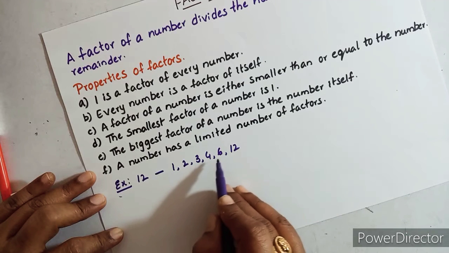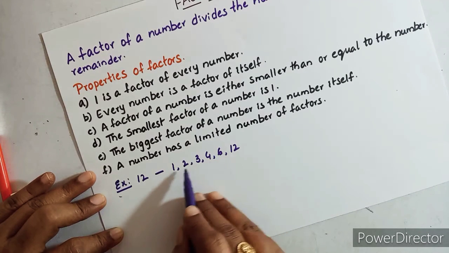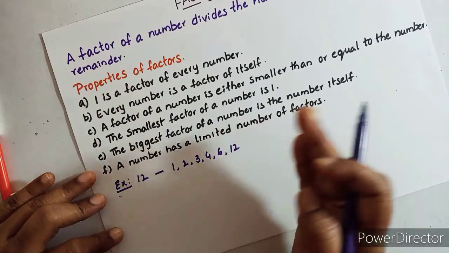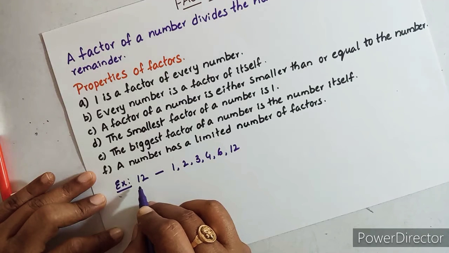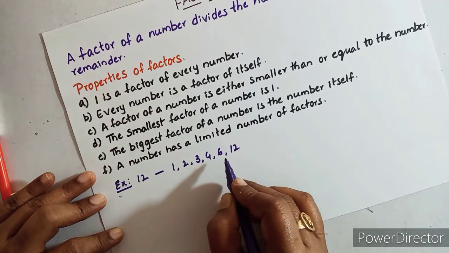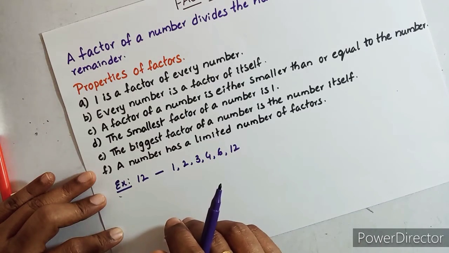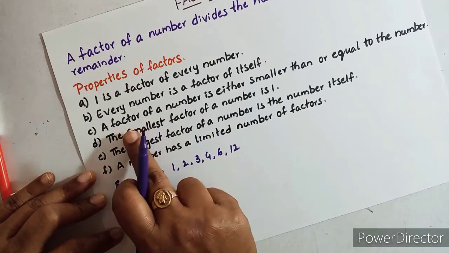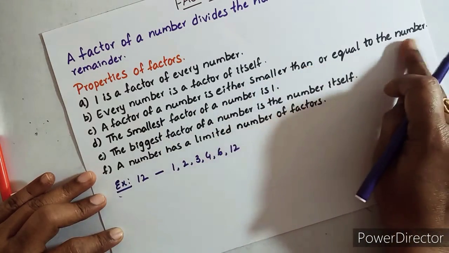So all the factors will be either equal to the given number or less than the given number, but not more than the given number. Like 12 you will get in the 1 table, 2 table, 3 table, 4 table, 6 table and 12 table, but not in the 13 table. So that is the meaning of this one. A factor of a number is either smaller than or equal to the number.